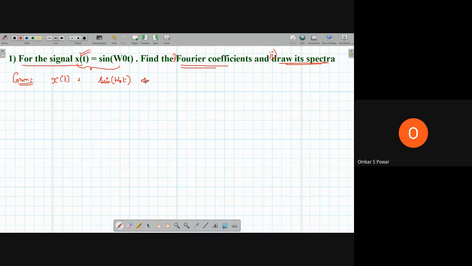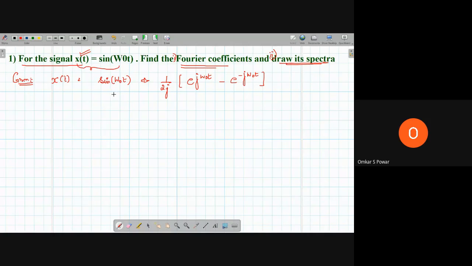So how can we write sin θ as 1/(2j)(e^(jθ) − e^(−jθ)), where θ is ω0 t, that is 1/(2j)(e^(jω0 t) − e^(−jω0 t)). I have just expressed sine in terms of exponentials.